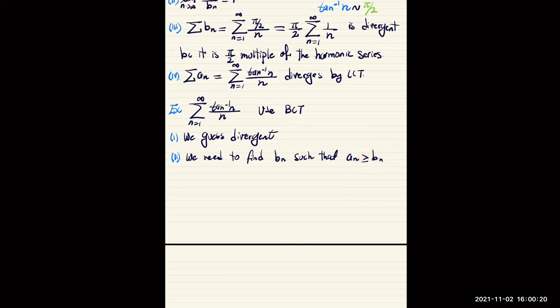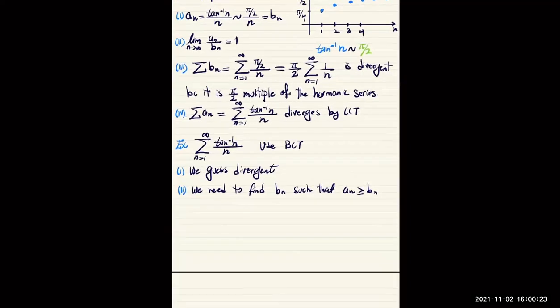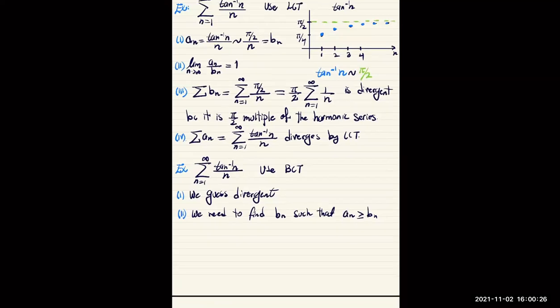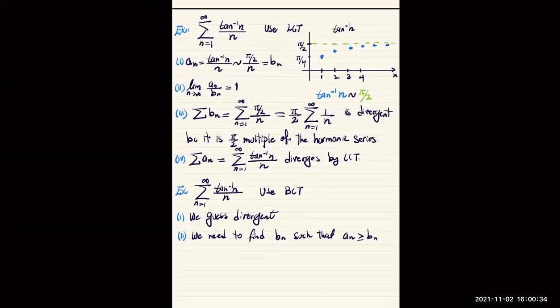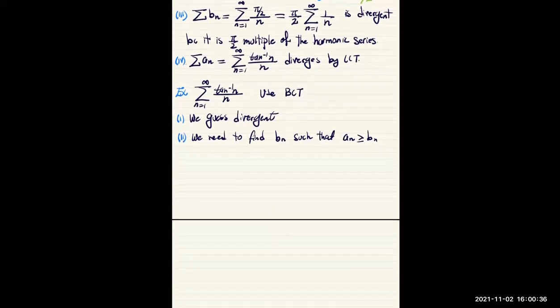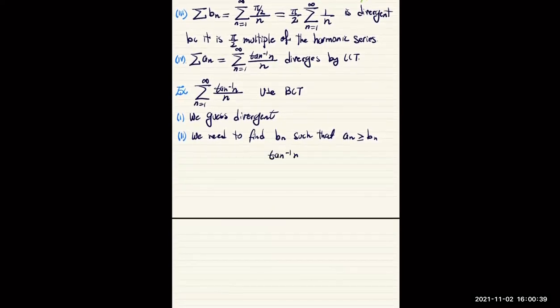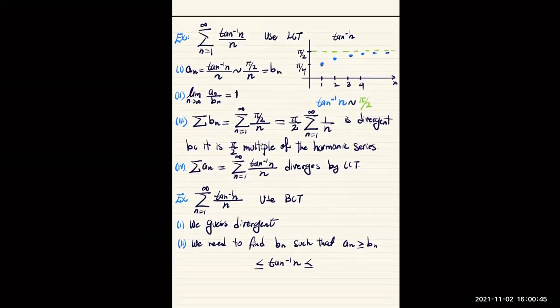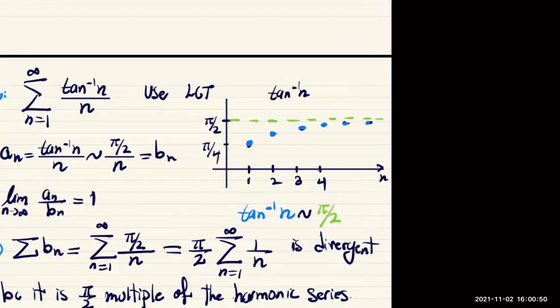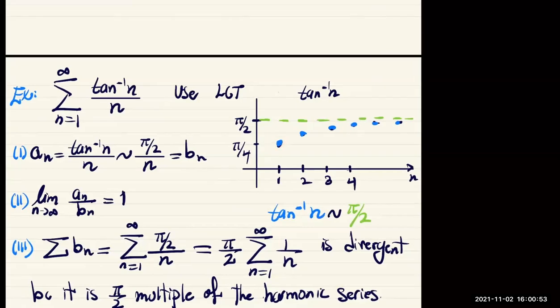Okay, all right, so how do you get such a sequence b sub n? Well, pay attention to the sequence of tangent inverse n. Tangent inverse n is between pi over 4 and pi over 2. Look at the terms of the sequence, guys. The smallest is pi over 4, and above, it's bounded by pi over 2.